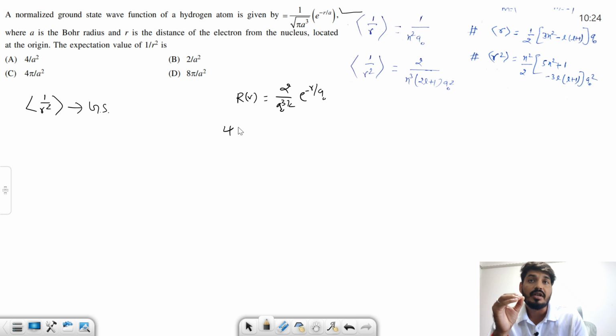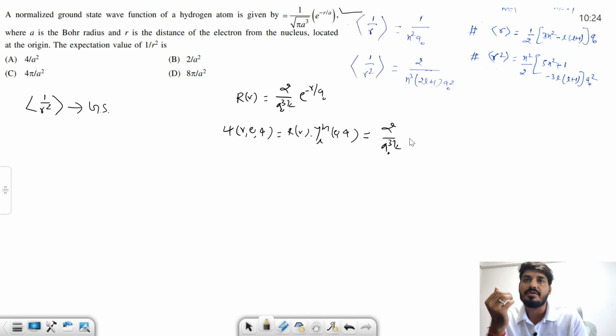And what is the total wave function? R theta phi, radial part and Y l m theta phi angular part also, right? Then this will become 2 over a naught to the power 3 by 2 e to the power minus r by a naught into, for ground state this is always 1 over under root 4 pi.